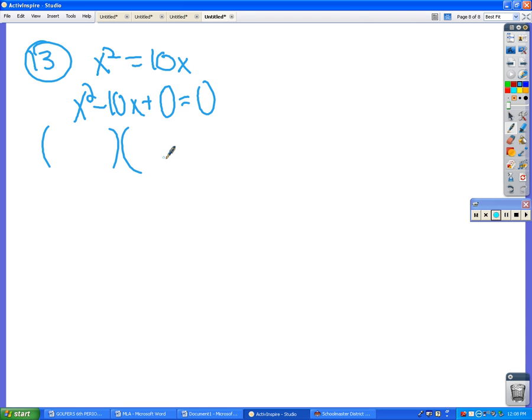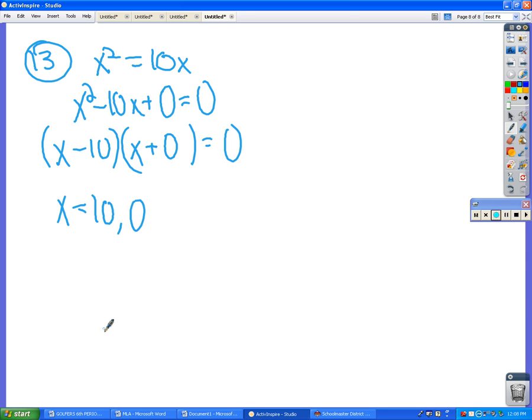When I'm factoring this, I'm looking for two numbers that multiply together to be 0 and add together to be negative 10. What are those two numbers? Negative 10 and 0. So x could either equal negative 10 or 0. So that one you have to do the little factoring to start with.